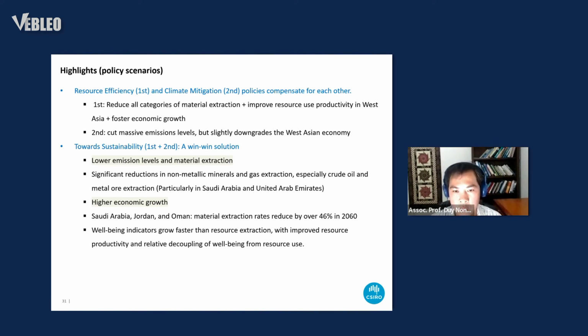So with the two policy packages, we can have lower emission levels, lower material demand, and a high economic growth rate, and that is better for the environment and contributes to tackling climate change on a global scale.